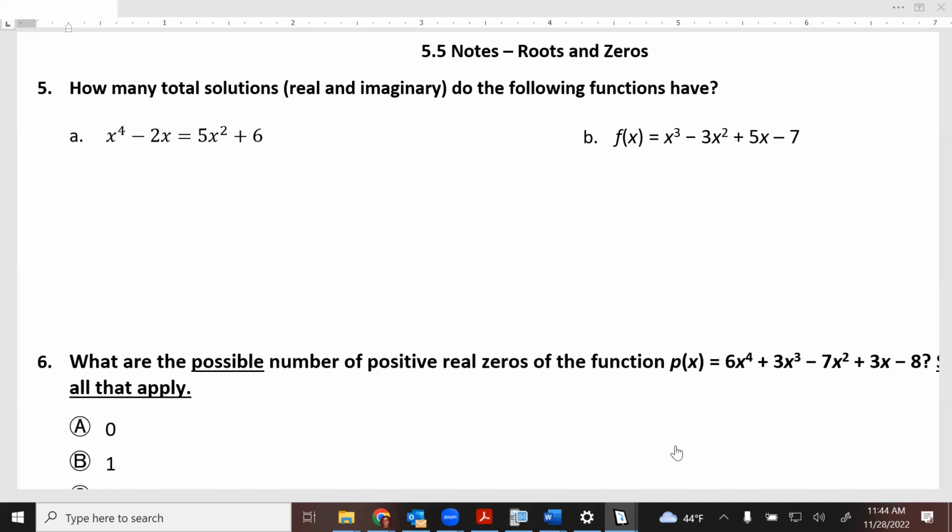Second big idea for today is called the factor theorem. This is specifically when my remainder equals 0.